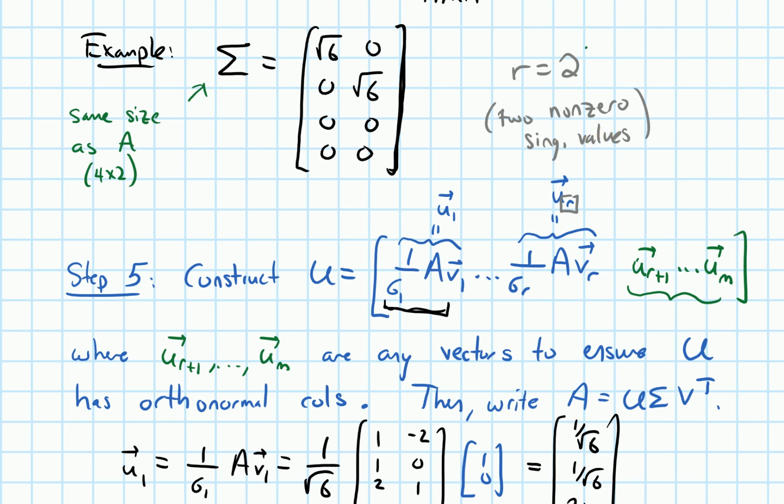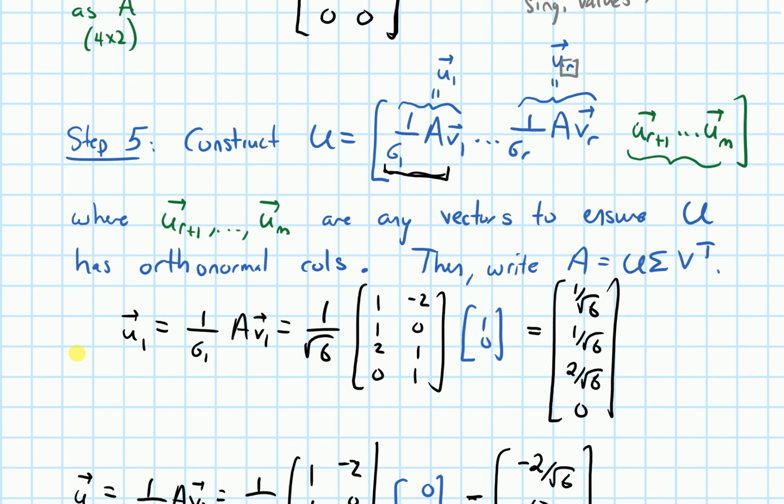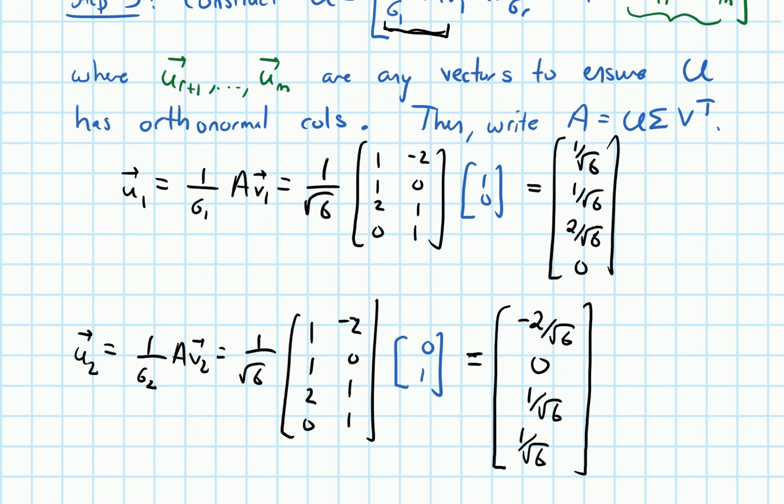And we allow repeats. That's why it's 2. All right, so we're going to be able to do the same thing to get U2. And I've gone ahead and done that already. So U2 is the following. So I work out the same type of computation, and I end up getting this vector here.